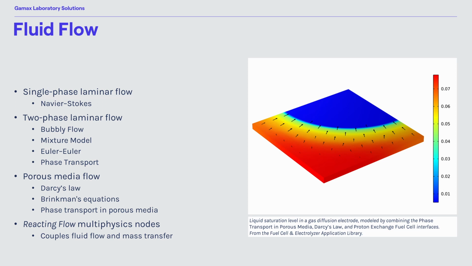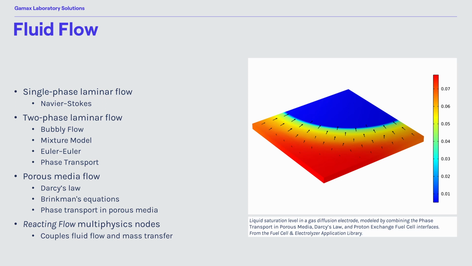There are different formulations for different mixtures and different ratios of fluids. So you can choose for the bubbly flow, the mixture, the oil and oil phase transport. These are the most relevant that are useful for these fuel cell simulations.